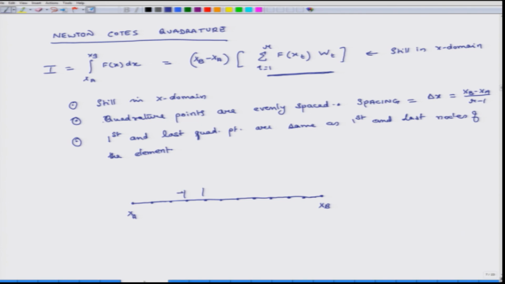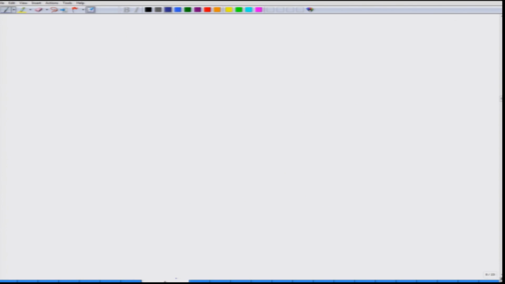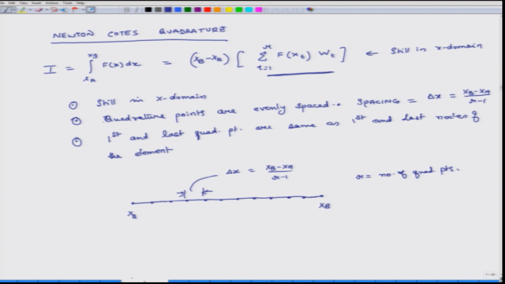This is the spacing between two quadrature points, and it is equal to x b minus x a divided by r minus 1, where r is the number of quadrature points.